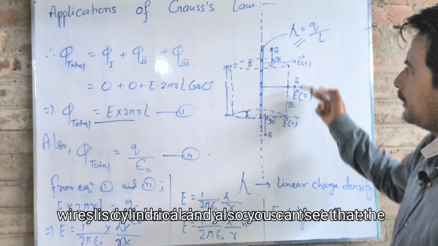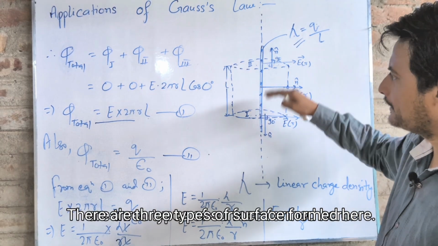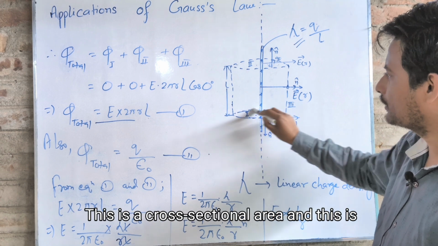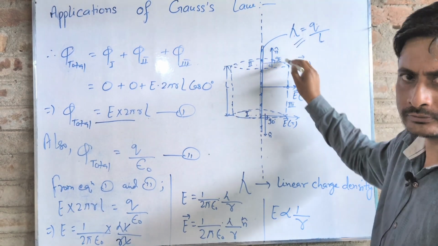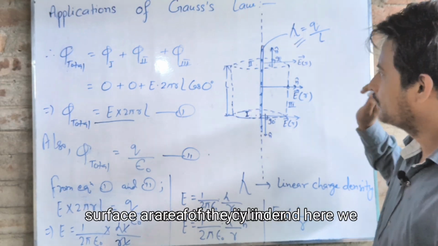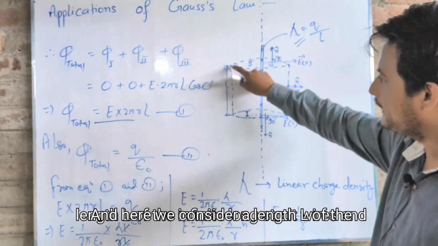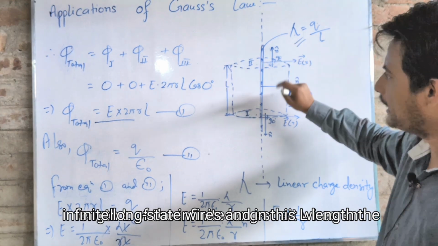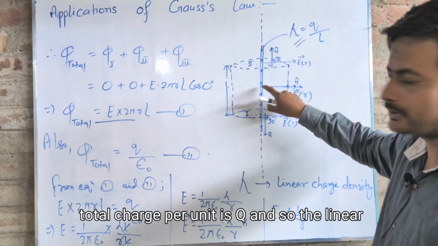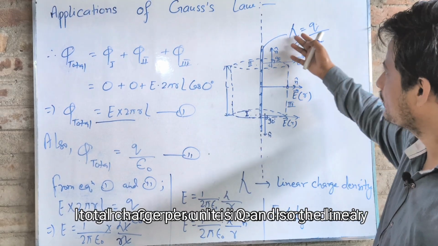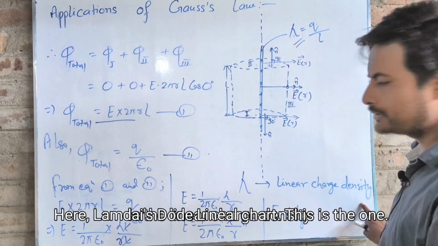As you can see, there are three types of surface formed here. This is the cross-sectional area, this is also a cross-sectional area, and this is the curved surface area of the cylinder. Here we consider a length L of the infinitely long straight wire, and in this length L the total charge present is Q, so the linear charge density lambda is equal to Q by L. Here lambda is the linear charge density.